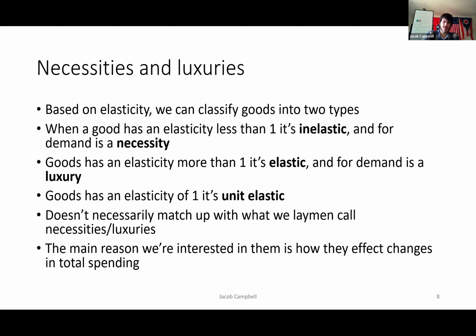We use these words that seem to assume what the good is being used for, but it doesn't have to be. Now, the main reason why we would actually want to calculate a number, why we would have special definitions, is because we're interested in how they affect changes in total spending.